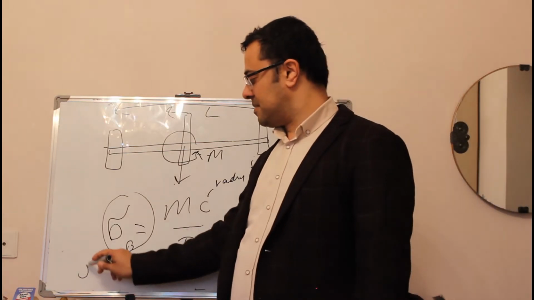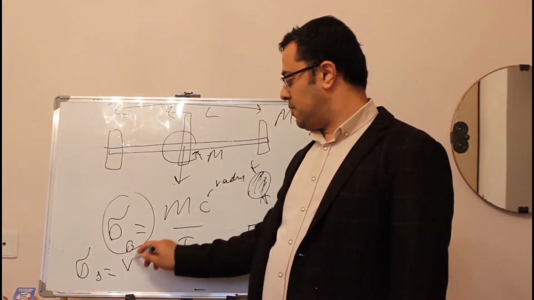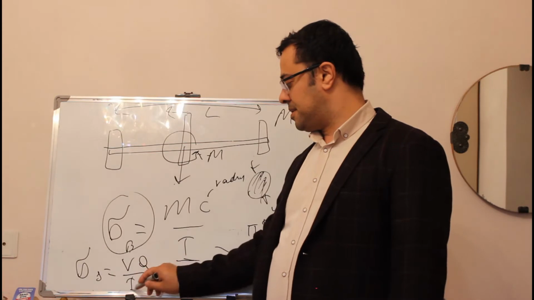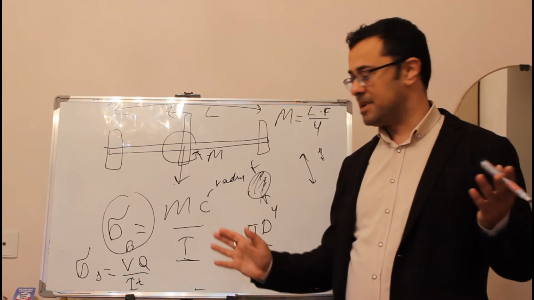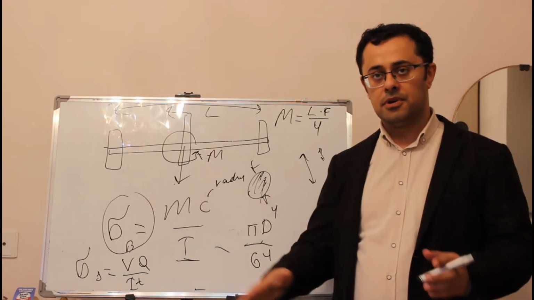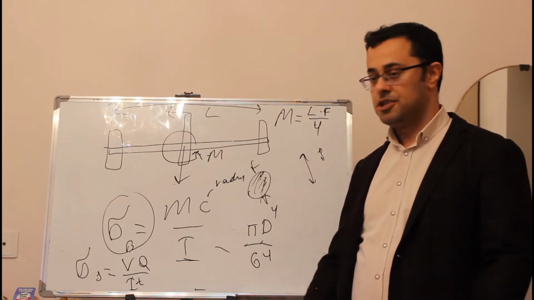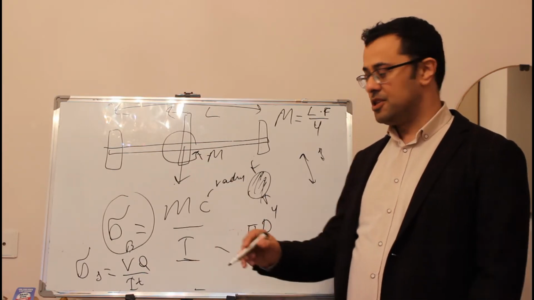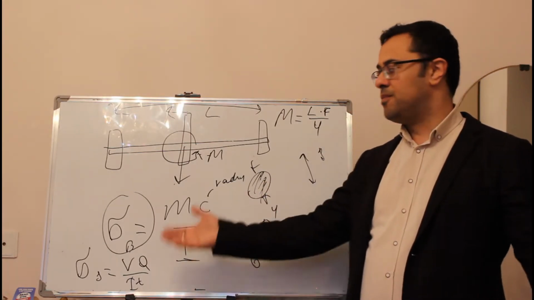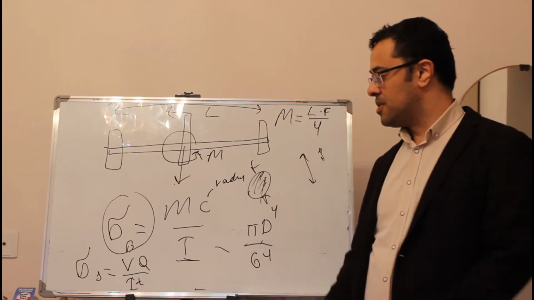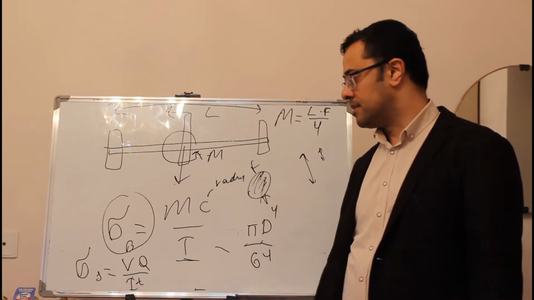So sigma shear equals VQ over It. For thin walled membranes, you can use this formula. Of course it's not the traditional way of calculating shear, like force by area, but it's obvious that it will not create much stress, so go with this formula calculated for thin walled systems.